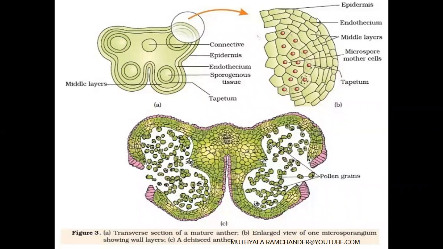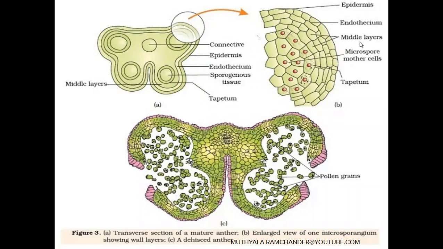It is present beneath the epidermis. The layer beneath the epidermis is called endothecium. Below the endothecium, 2 layers of parenchymatous cells are present. These 2 layers of parenchymatous cells are called middle layers. The middle layers are present beneath the endothecium layer.